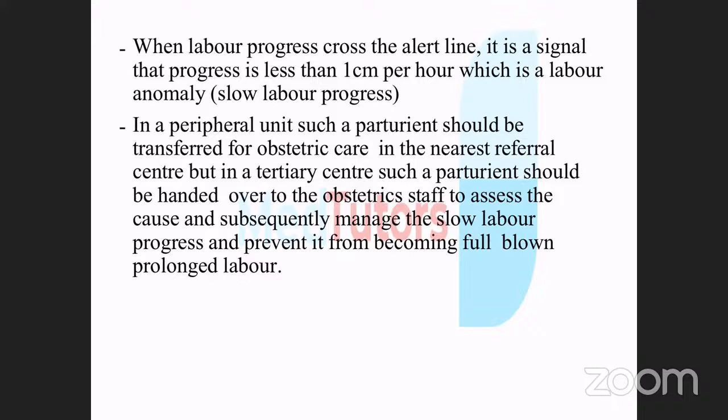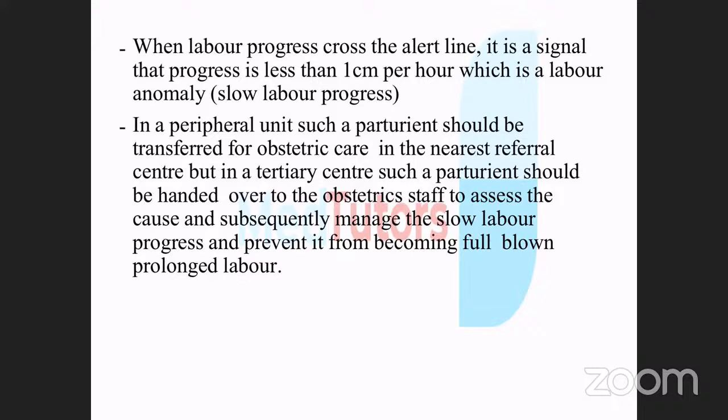If a woman is in labor and they're using the pathograph correctly, and she's progressing at 1 centimeter per hour or more, she should be managed entirely by the midwife. But if the woman has labor that is not progressing at least 1 centimeter per hour, based on the pathograph recording, she should be reviewed by the doctors and appropriate measures instituted.